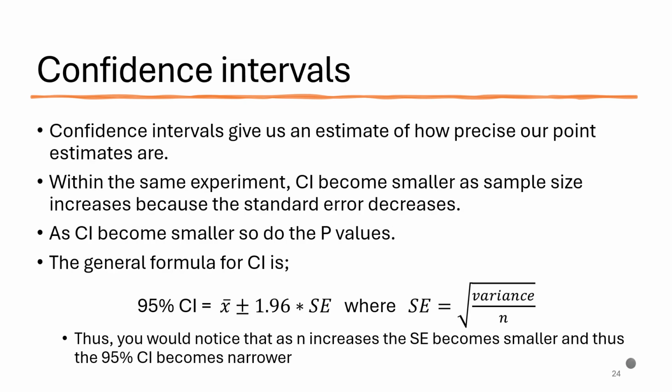So the next slide is about confidence intervals, which gives us an estimate of how precise our point estimates are. One thing that I think is important for you to note is that the last couple of slides where I've been talking about hypothesis testing, significance testing especially, and p-values, all of these are linked with the confidence intervals.